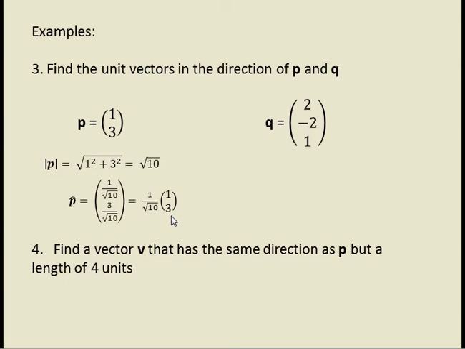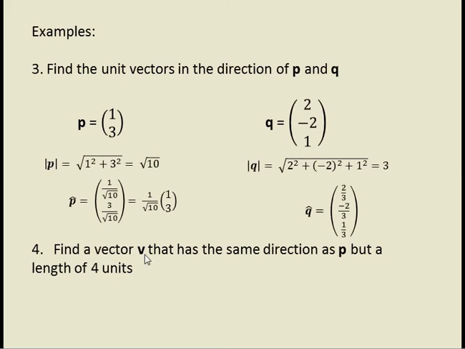And so it's 1 over root 10, 3 over root 10. If you want, you can rationalize the denominator, but I haven't done that here. The magnitude of Q is 3, so they're nice fractions, so I'll just write 2/3, negative 2/3, and so on.